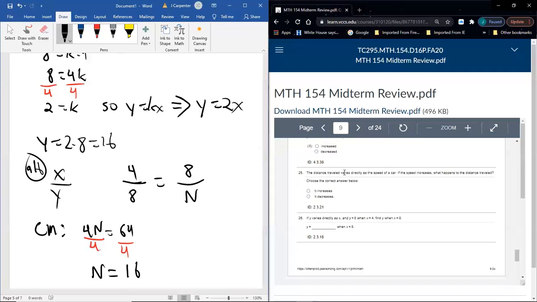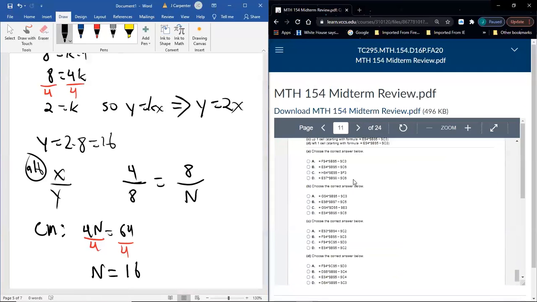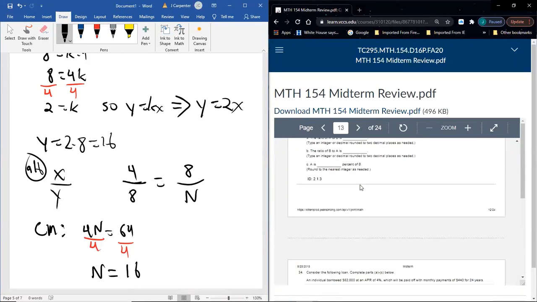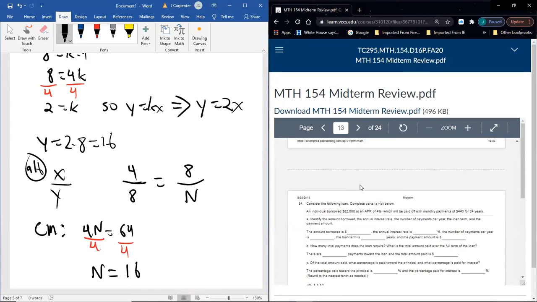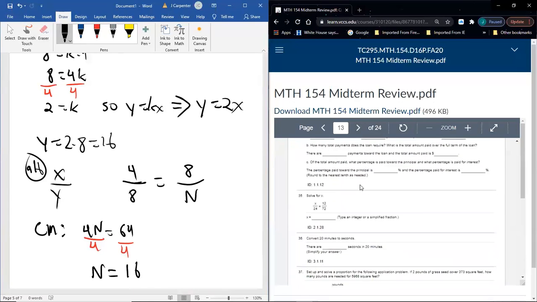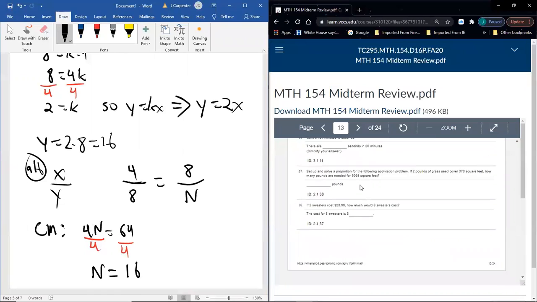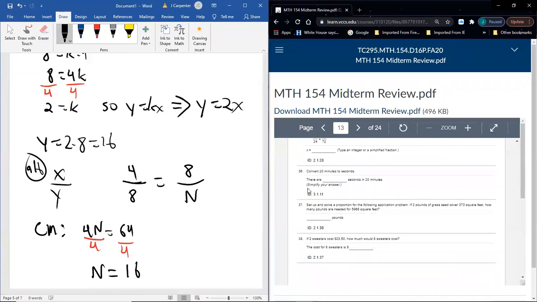All right, one more good problem. A lot of proportions. 36, that's a good one, but I'm not going to do it, converting minutes to seconds. We've already shown about going from seconds to hours, so hopefully that would be a pretty easy one.